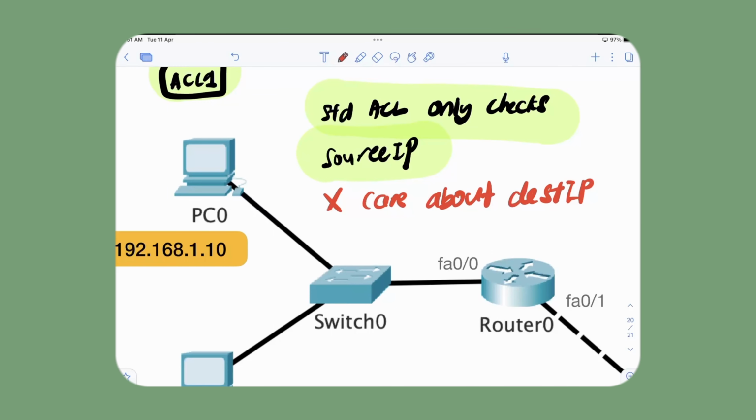If it's from PC0, I must block it, because the ACL says so. Then if the data comes from PC1, this one is allowed. So the router only sees who is the sender. I don't care if this packet is going to PC2 or PC3 or PC4, which is not even in this network. I only care about who is the sender.